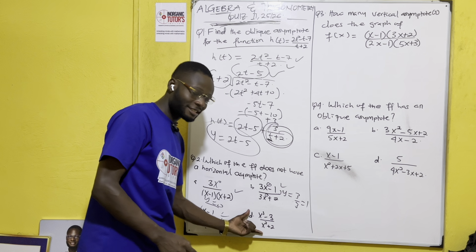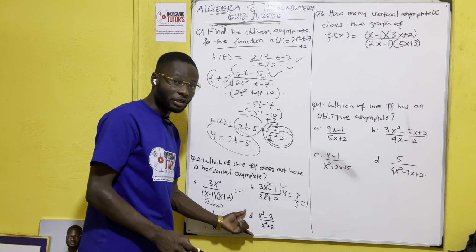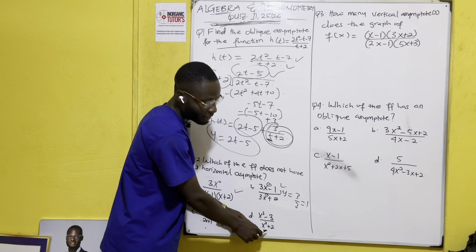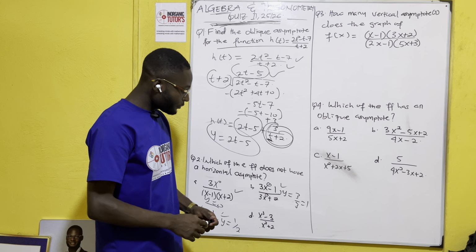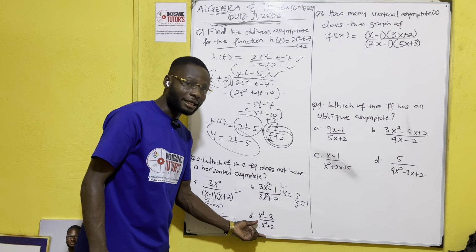So it means this one will not satisfy the horizontal asymptote condition. We have x cubed minus 3 divided by x squared plus 2. The degree of the numerator is greater than the degree of the denominator.